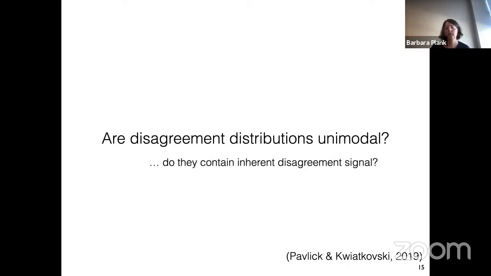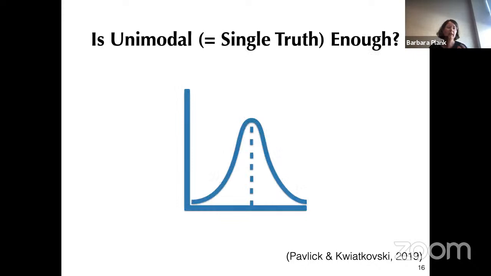Or is this disagreement actually something more inherent in the annotation? The question they posed is, can we model the single ground truth with a unimodal distribution where the true label is the one in the middle, so to say? The mean represents the truth, and the variation captures the disagreement.